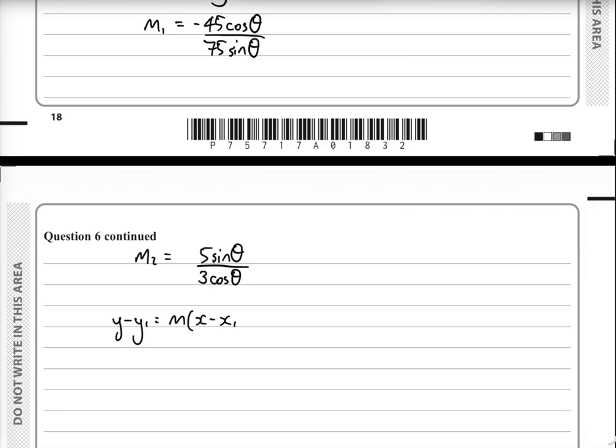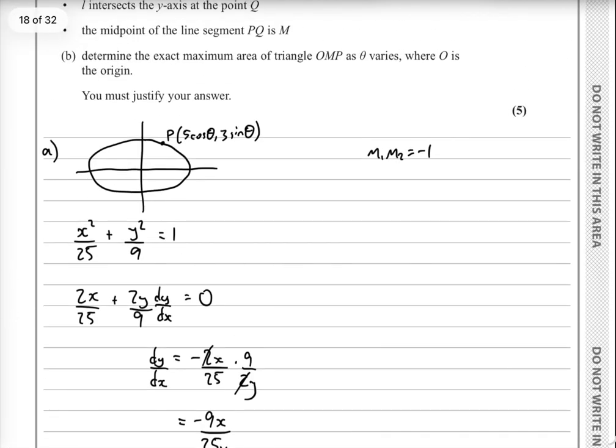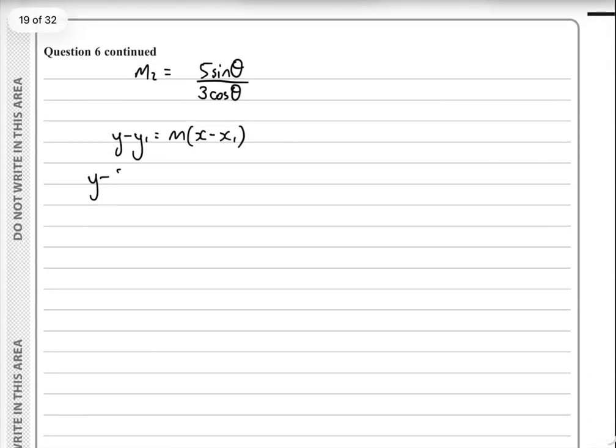Now using one of our line equations, in this case I will do y minus y1 equals m times x minus x1, where x1 and y1 are the points we've already used in finding the gradient. That's y minus the y coordinate was 3 sine theta. The m that we just found, 5 sine theta over 3 cos theta times x minus 5 cos theta, the x coordinate of P. Multiply everything by 3 cos theta, and I'll expand that bracket.